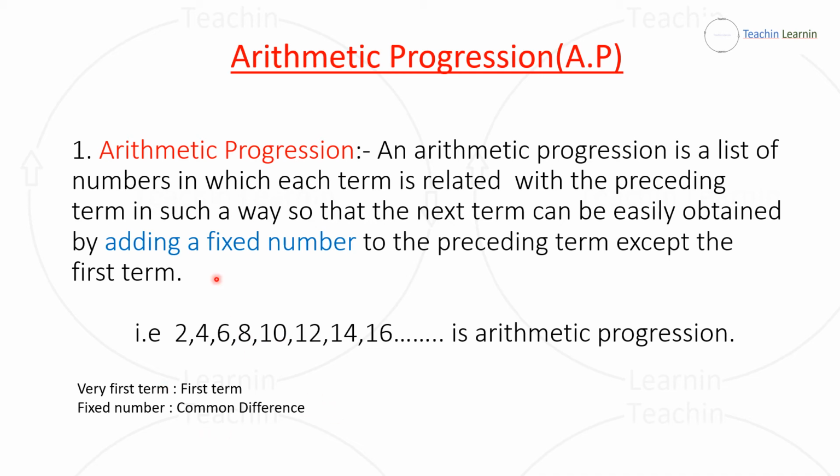So the entire AP is dependent on two attributes. Basically, the first one is the first term and the second one is the common difference. If you get the first term and common difference of an AP, you can find any number of terms of a given AP. So you have two attributes related to the arithmetic progression.